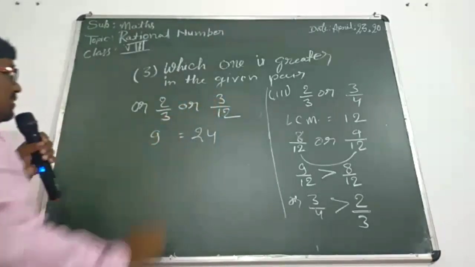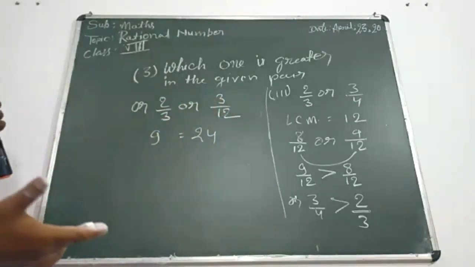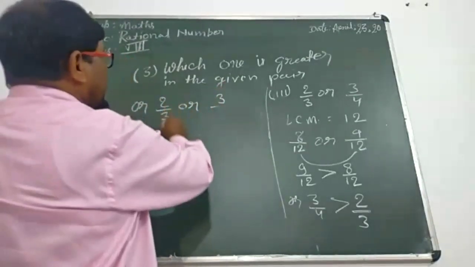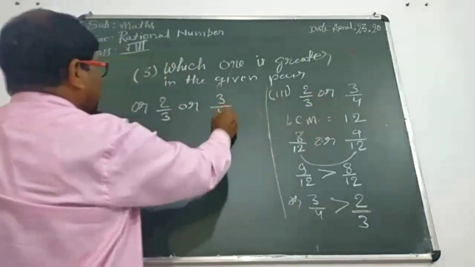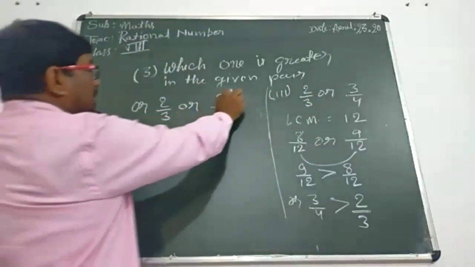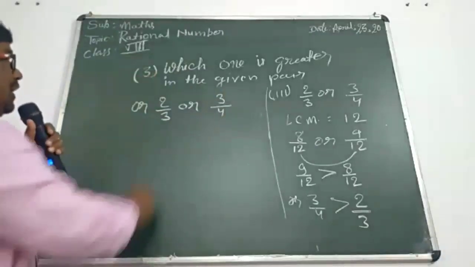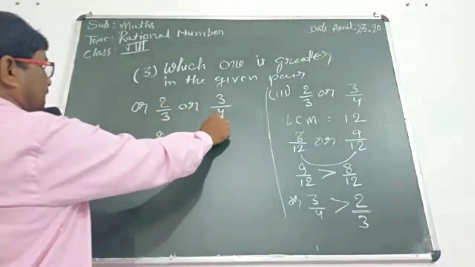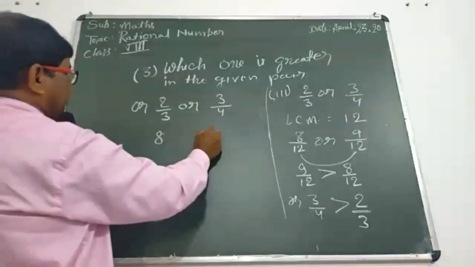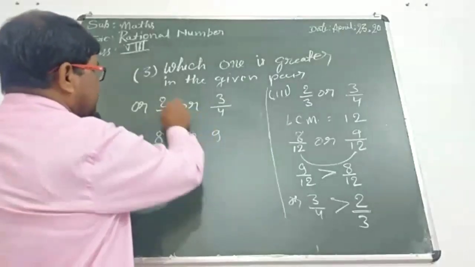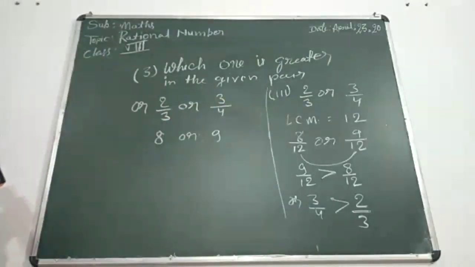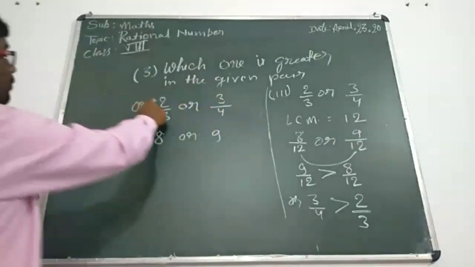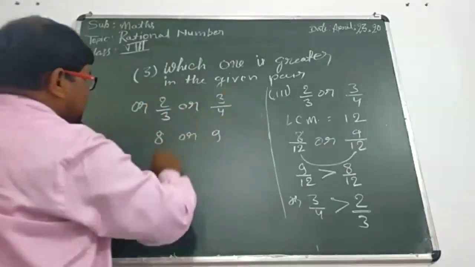Which one is larger? No, no, no. 2 upon 3 and 3 upon 4. Now 2 4s are 8, 3 3s are 9.